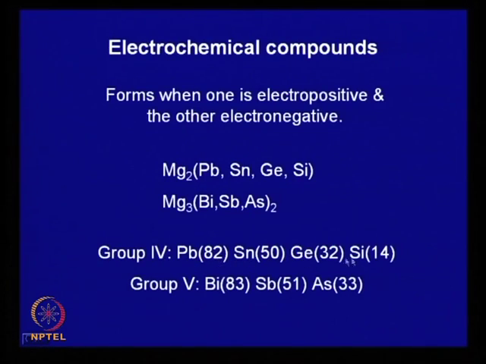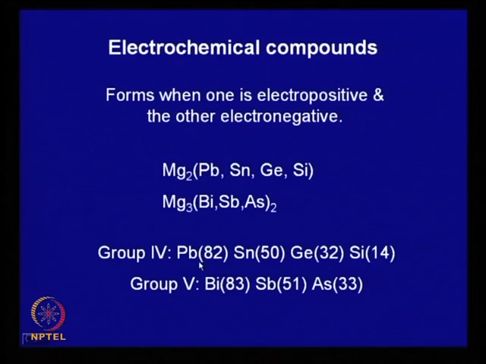Now, we have seen that bonds are stronger when the atom size decreases, because the atoms can come closer. Therefore, the bond in Mg2Si will be much stronger than that in Mg2Pb.